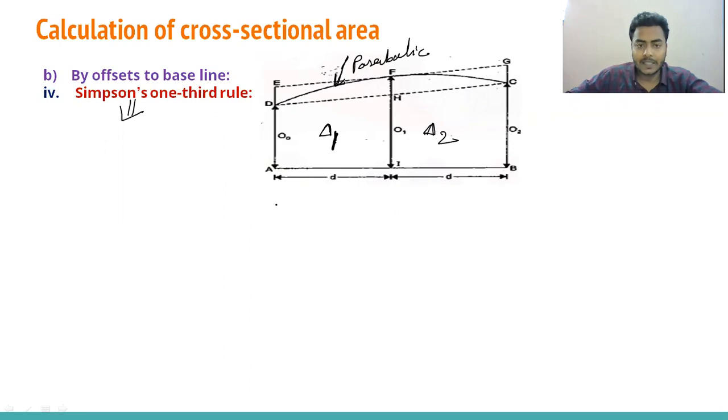The distance between two consecutive ordinates is d.